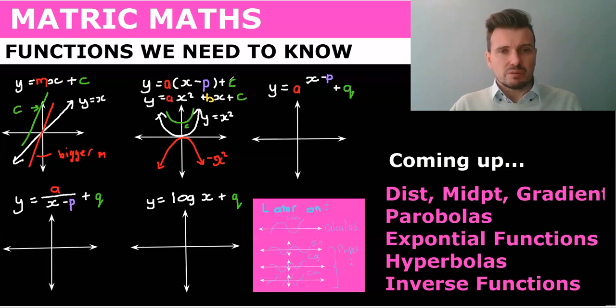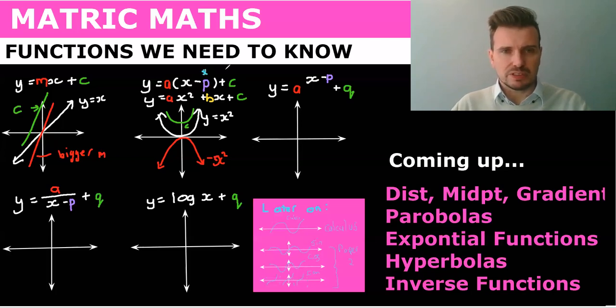But this is what we call the turning point formula. And so this gives the turning point. So p and c are the turning point. So if I had the turning point, so if it turned over here, I'm going to do it in blue.